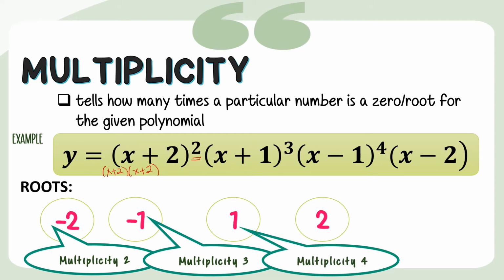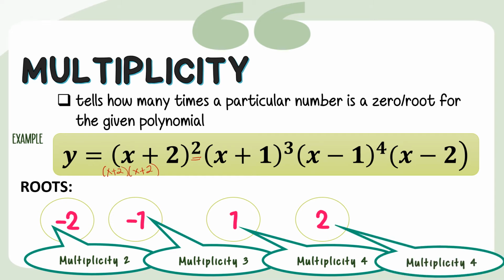And si positive 1 ay root of multiplicity 4 kasi naka-raise na 4 si x minus 1. And si positive 2, this is root of multiplicity 1, kasi raised to 1 lang naman si x minus 2. So, yun si multiplicity ha. Nakadepende siya kung ilang beses naging root yung ating number.